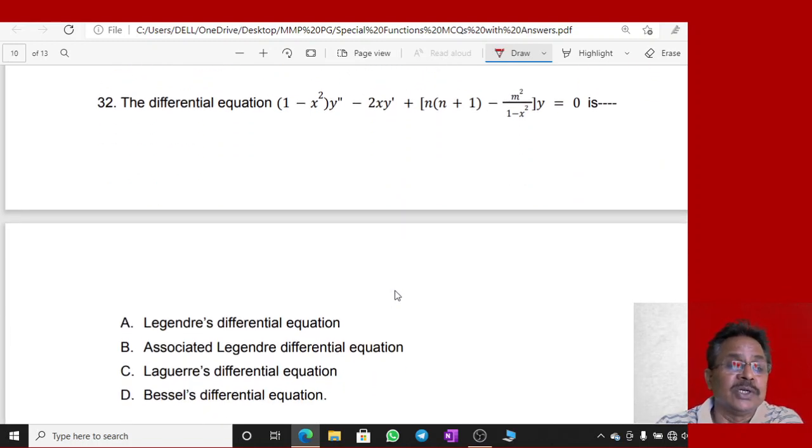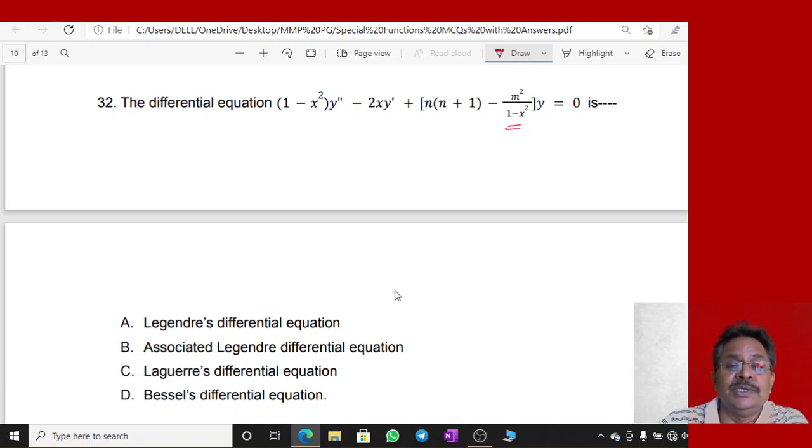Now question number 32, the differential equation (1 − x²) y'' − 2x y' + [n(n+1) − m²/(1 − x²)] y = 0. Note that this equation contains this additional part.